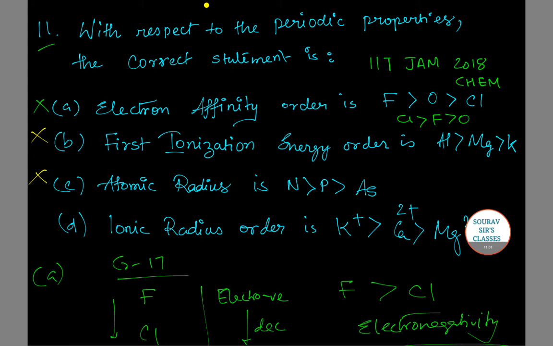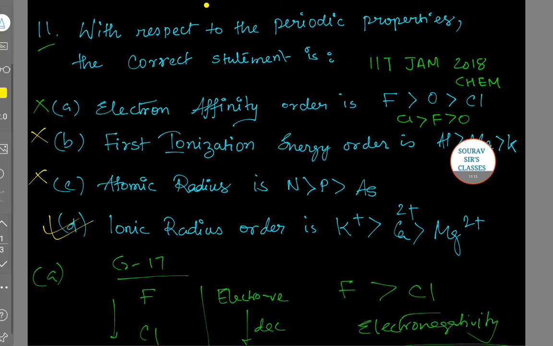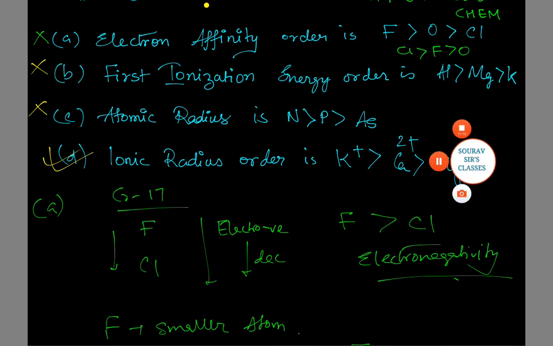So what we have left is ionic radius order of K plus is greater than that of Ca2 plus, which is greater than that of Mg2 plus, and this obviously has to be correct because this is the last option left to us. Still we will check this out.